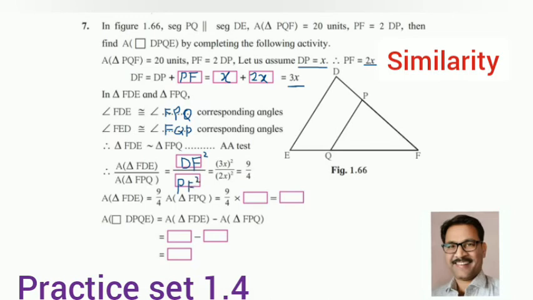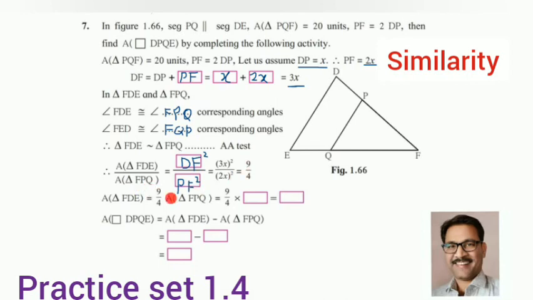Now, what about DF? DF, which we just found, is nothing but 3X. Because of the square, we write 3X squared. Similarly PF, already we know 2X, so put 2X squared. X and X both get cancelled. So here 3 squared upon 2 squared, which is 9 upon 4. Now, just go with cross multiplication, or take the area of FPQ to this side.